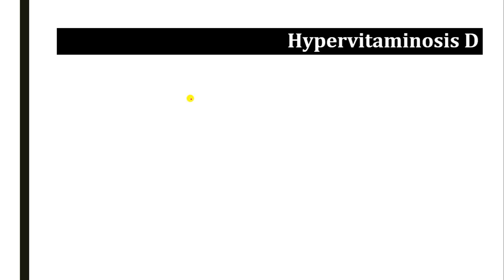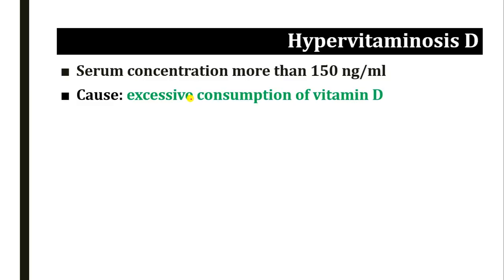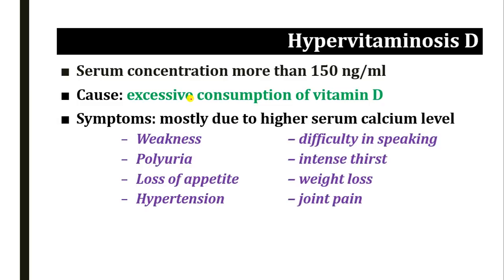Then we go through hypervitaminosis D. This is when the serum concentration is more than 150 nanogram per ml, and it is usually seen when there is excessive consumption of vitamin D. Overexposure to sunlight never produces hypervitaminosis D, remember.